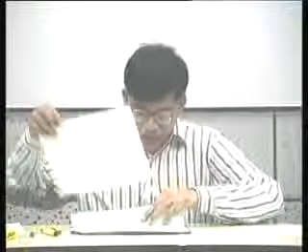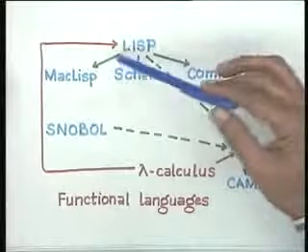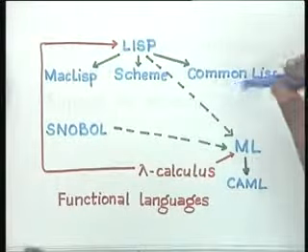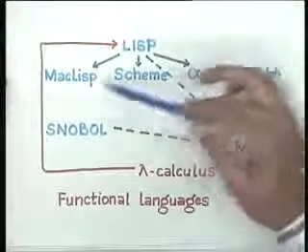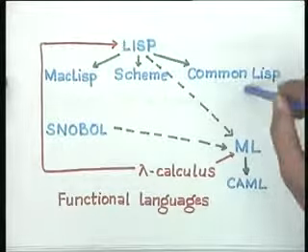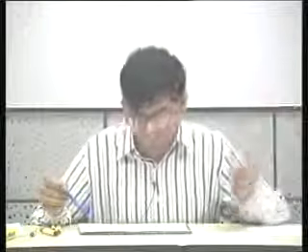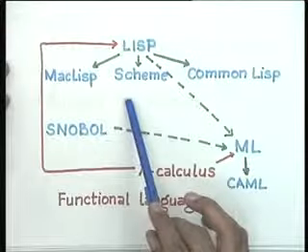So apart from these imperative languages, the first functional language was Lisp, from which were derived various versions, MacLisp, Scheme, Common Lisp. MacLisp and Common Lisp are really impure versions of Lisp. When we understand functionality, we'll come to what they mean, impure versions. But many of you have probably studied Scheme.